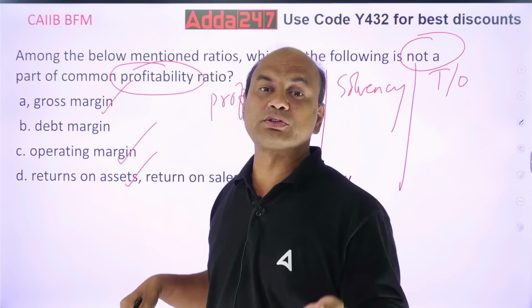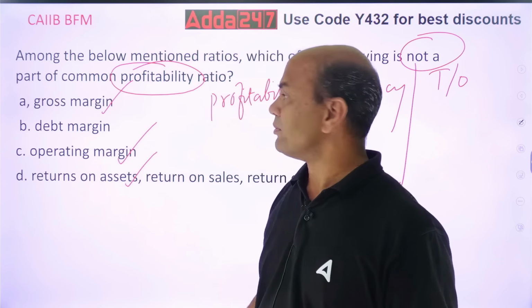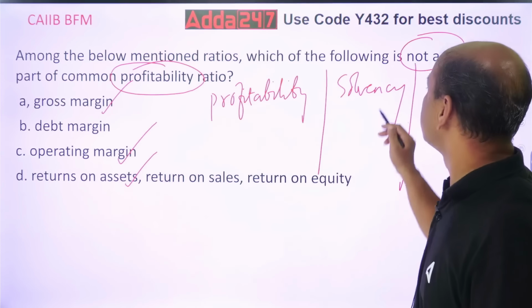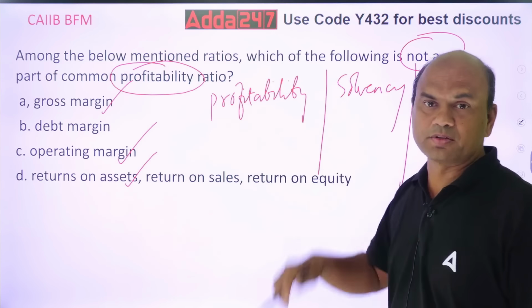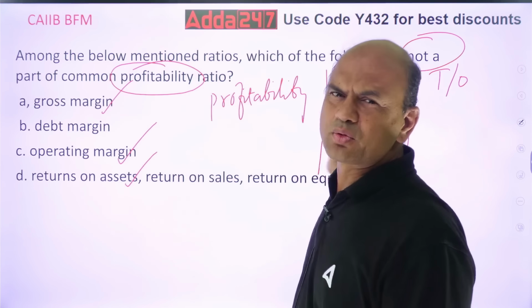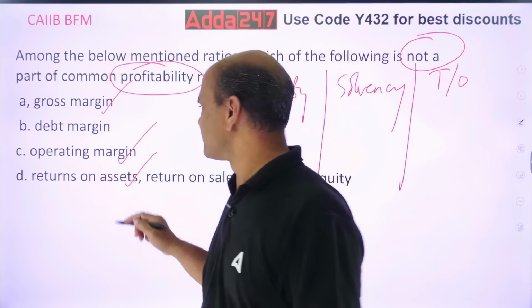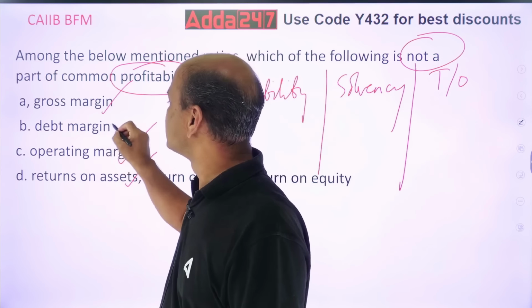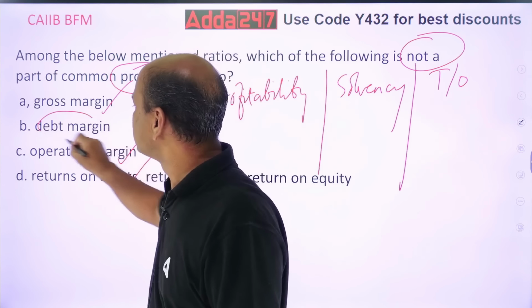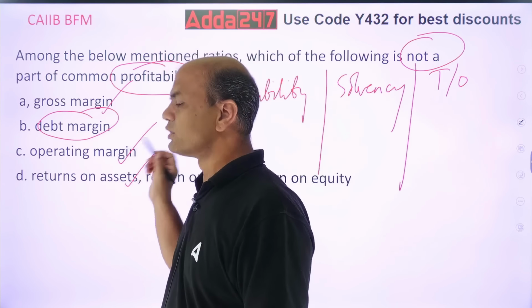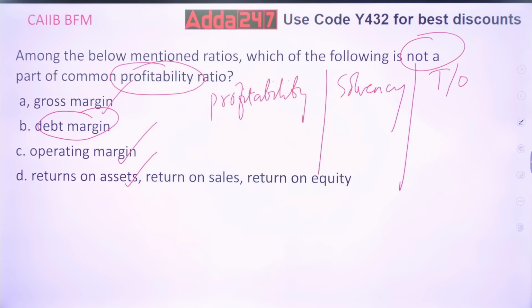You can relate this to the debt equity ratio, but that will be part of solvency, long-term solvency. The remaining two I'll explain whenever some topic comes. So the required answer is: debt margin is not part of your profitability ratio. Got it?